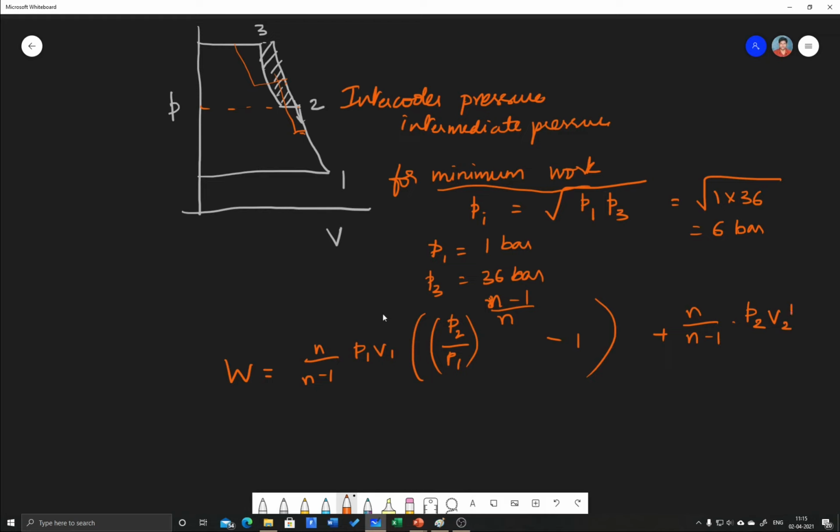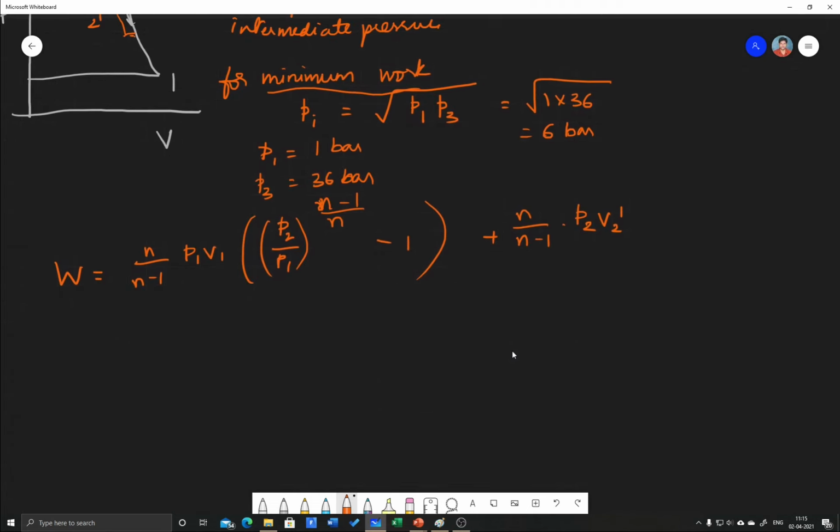So here this is 0.2 dash. This will be the input point for the second stage compression. P2 V2 dash multiplied by (P3 by P2) whole power n minus 1 by n minus 1.